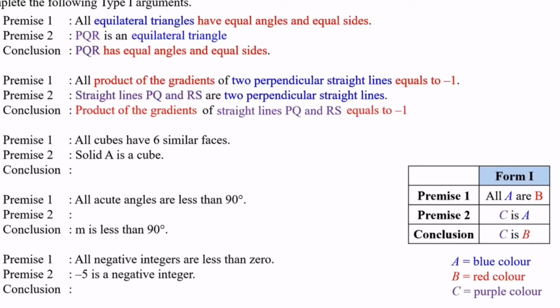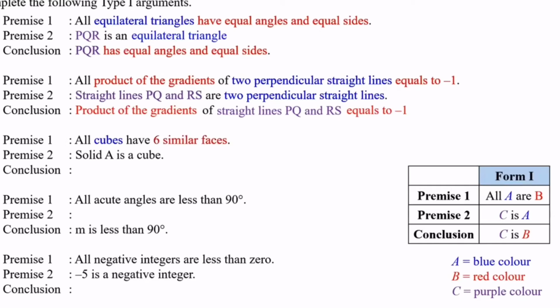Let's have a look at premise 1 for case C. We will highlight the blue for the cubes. We will ignore the "all"; we don't copy the "all" for the conclusion. For cubes, we use a blue color, and for the B we use a red color.